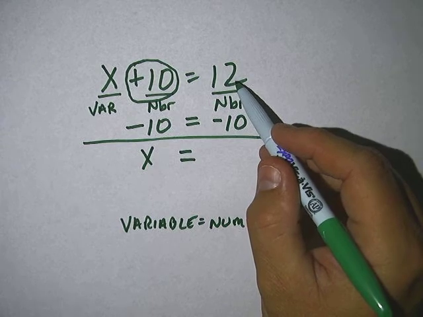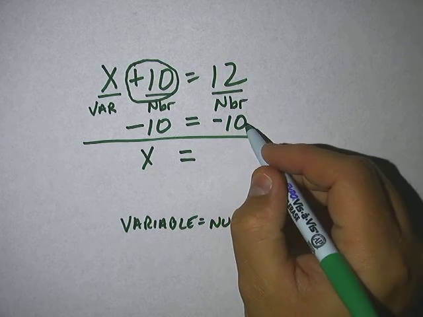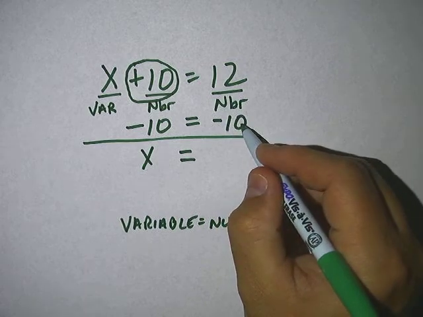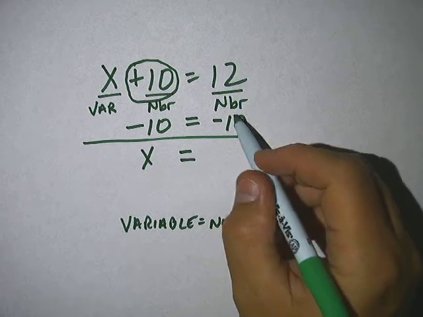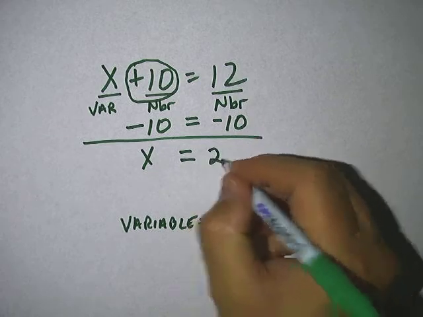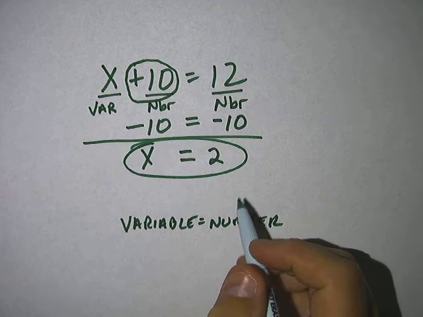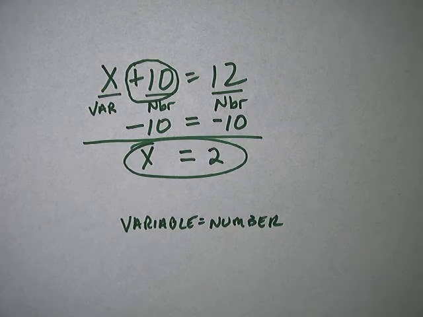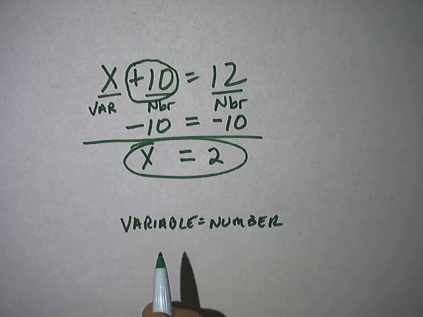My equal sign has to come down with me because I've got an equation, and I have to keep that equal sign to have an equation. 12. Now I can say 12 minus 10, or 12 plus a -10. Either way I want to say that's correct, but 12 minus 10 or 12 plus a -10 is equal to 2. And that was my goal, was to know what's the value of x? Now, yeah, I know, early on you said x is equal to 2.